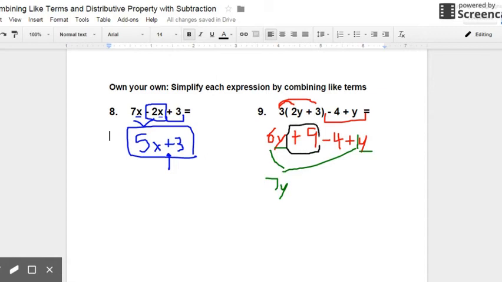The sign that goes in front of it is positive. This is a number. The sign that goes in front of this is negative. So this is simply 9 minus 4. 9 minus 4 is a positive 5. So once again, plus sign in between. They're not like terms, so we can't combine them together anymore.